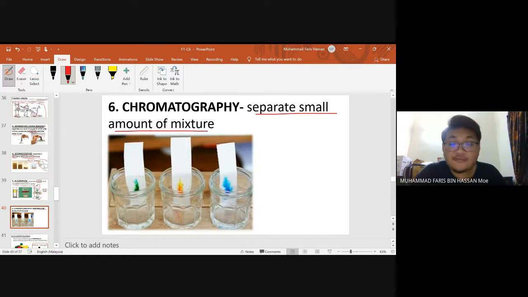Besides, the chromatography method also allows us to identify if there are any harmful food colorings present in our foods. So that is the function of the chromatography method, identifying harmful food coloring based on the colors, something like this.